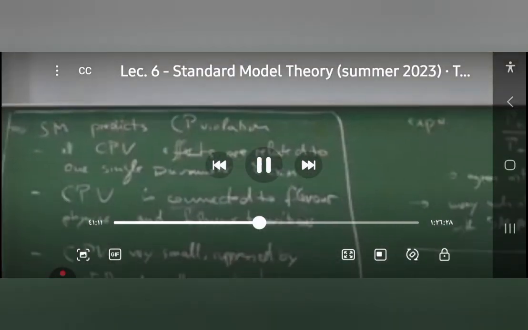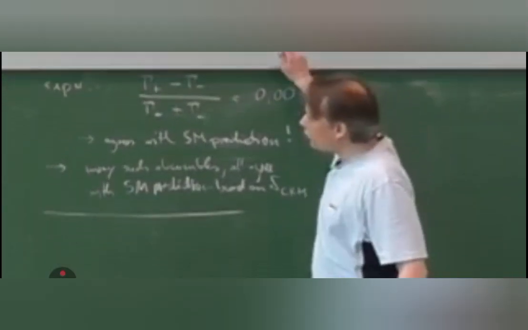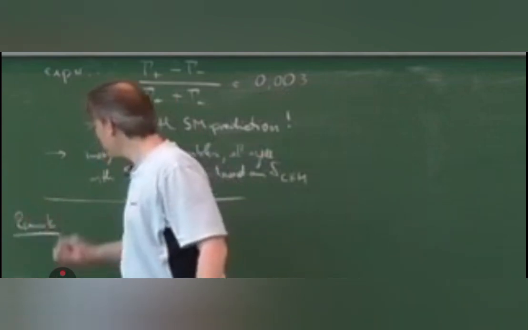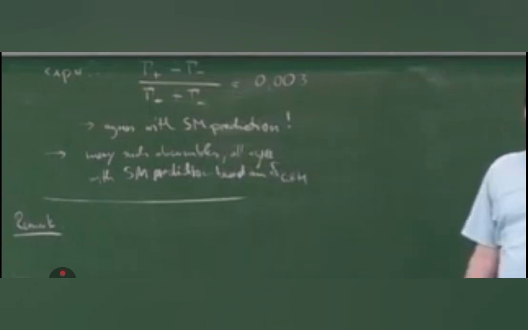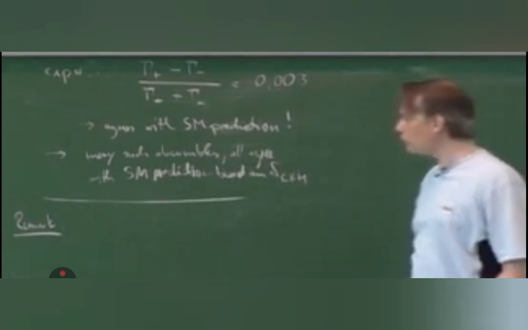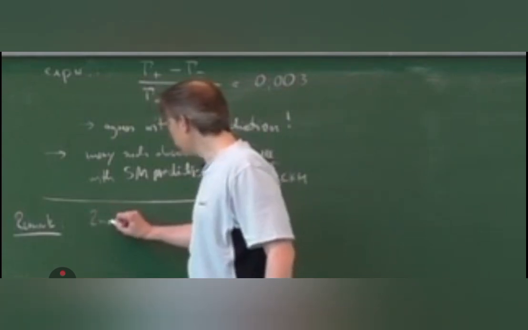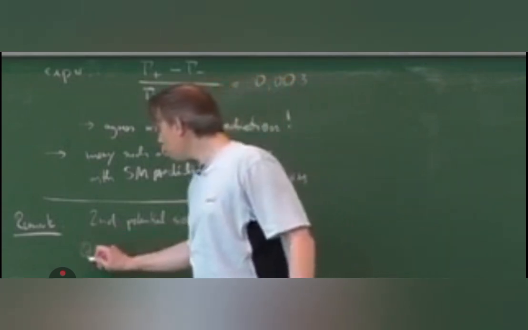Having said all that, let me give you a remark, which is a side topic. Namely, there could be a second source of CP violation in the standard model, which you cannot see in Feynman diagrams, but which is a non-perturbative effect. The so-called QCD theta term.